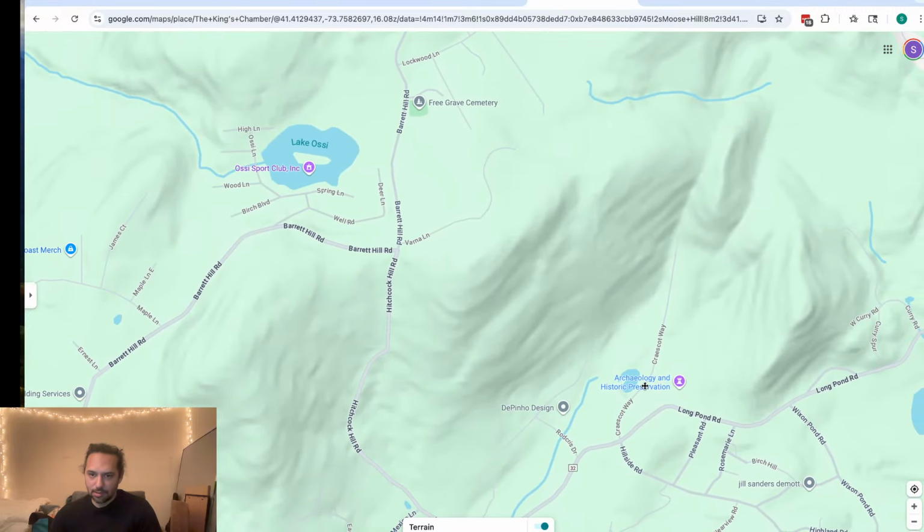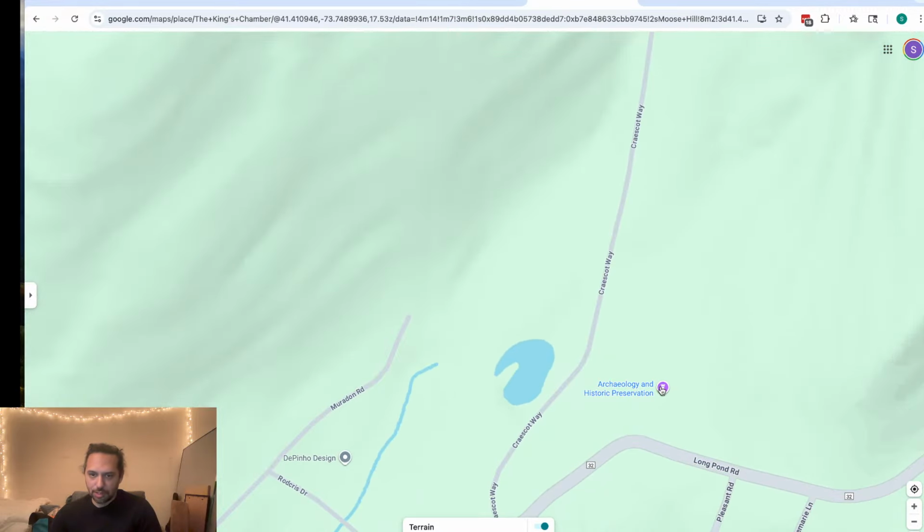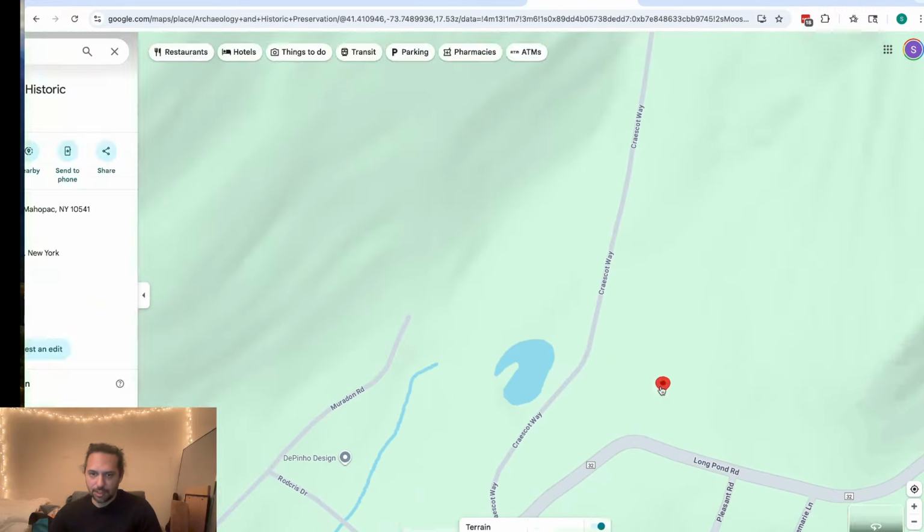Oh, look at this. What is that? Archaeology and historic preservation? Huh? What is that? Is that someone's house? Is there a sign anywhere? Why does it say archaeology and historic preservation on this?